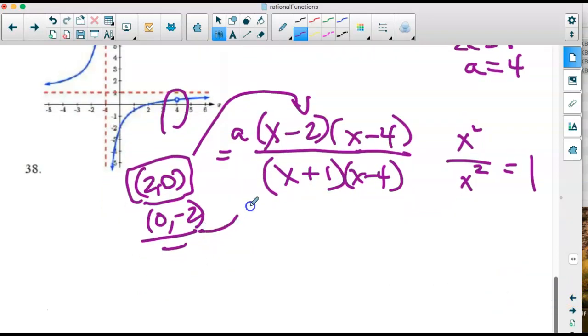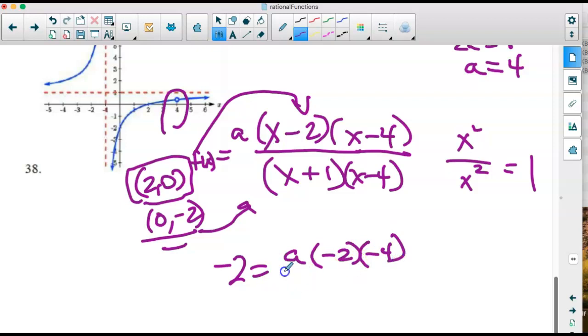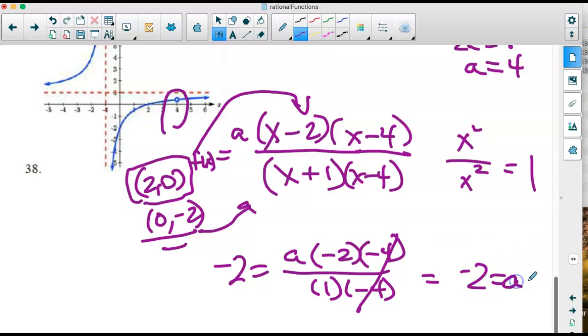We're going to plug this point in. So negative 2 equals, because that's the function, right? Function value is negative 2. A times 0, which is negative 2, times negative 4 over 1 times negative 4, right? These drop out. So we're going to get negative 2 equals a times negative 2, which means that a is 1.